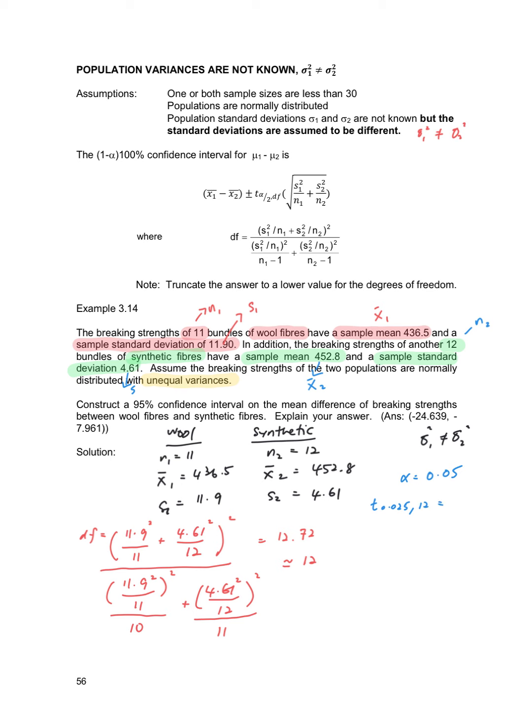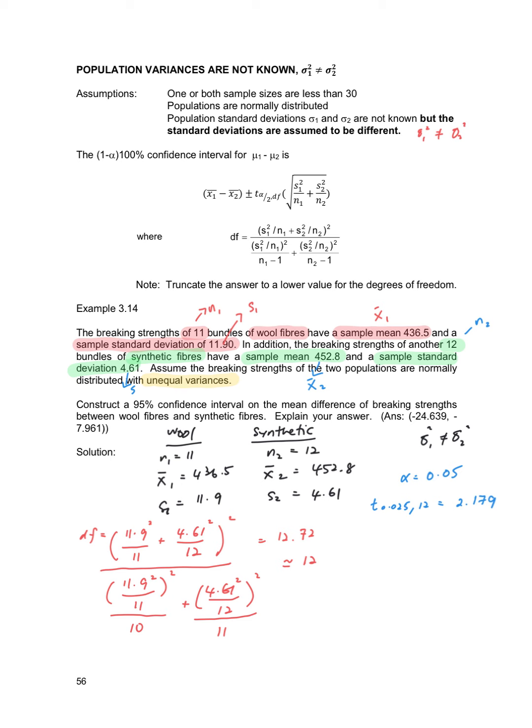We will get the critical value, which is 2.179. Then we substitute into the formula.